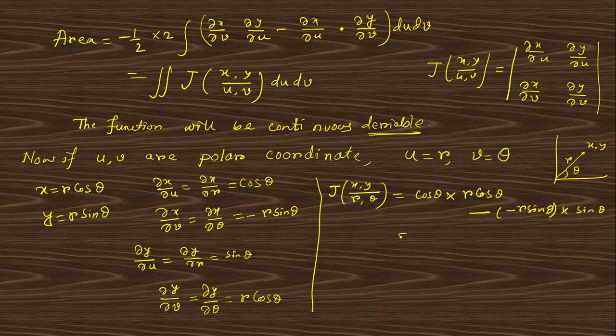If you multiply and take r as common, you will get cos squared theta plus sin squared theta, which is 1. So this becomes r. So here the Jacobian will be r.